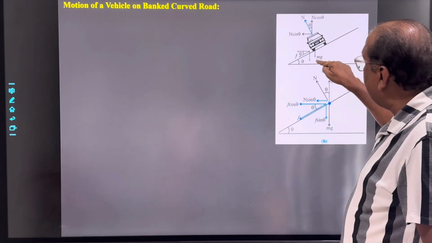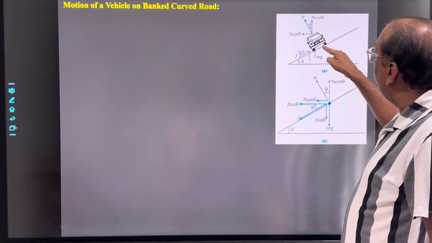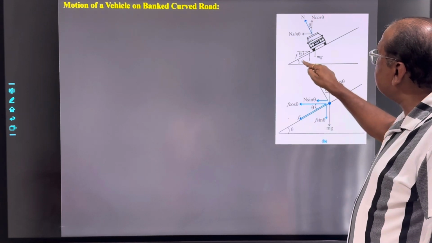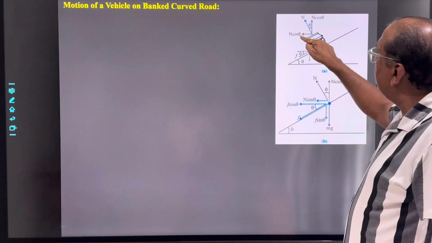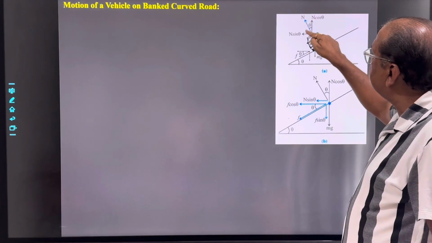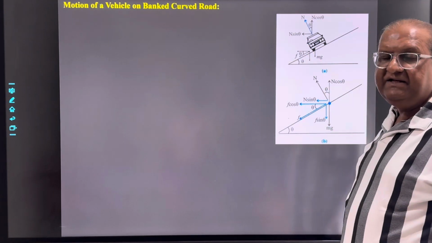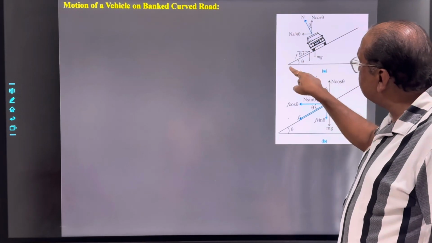Weight of the car mg vertically downward. Normal reaction perpendicular to the surface. If this angle is theta, here this will also be theta. So you will get components of this normal reaction: n cos theta vertically upward, n sin theta in the horizontal direction, and that is towards the center.